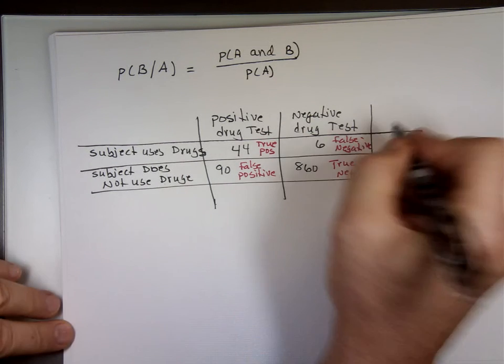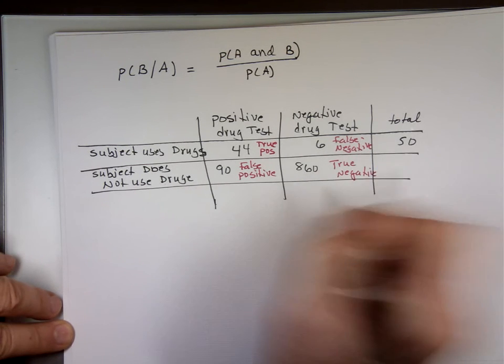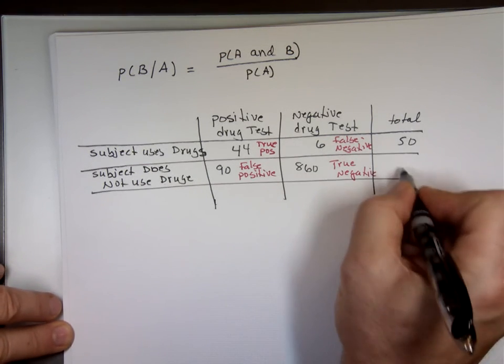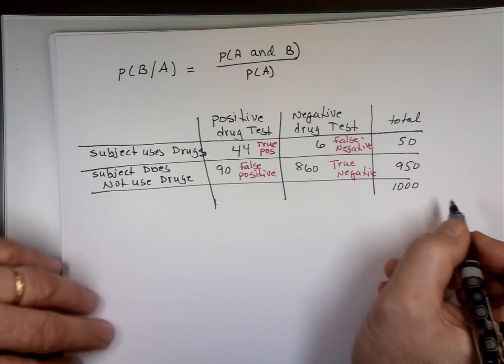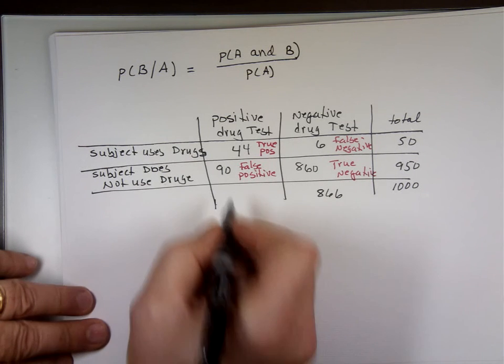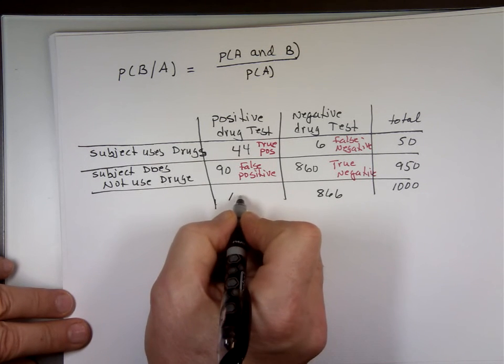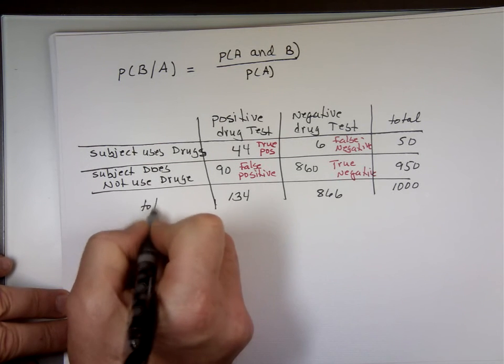That's 50. And what's this one? 950. When you add them, that's 1,000 people took that test. Negative 866. Positive, was it what? 134, is it? That's the total number.